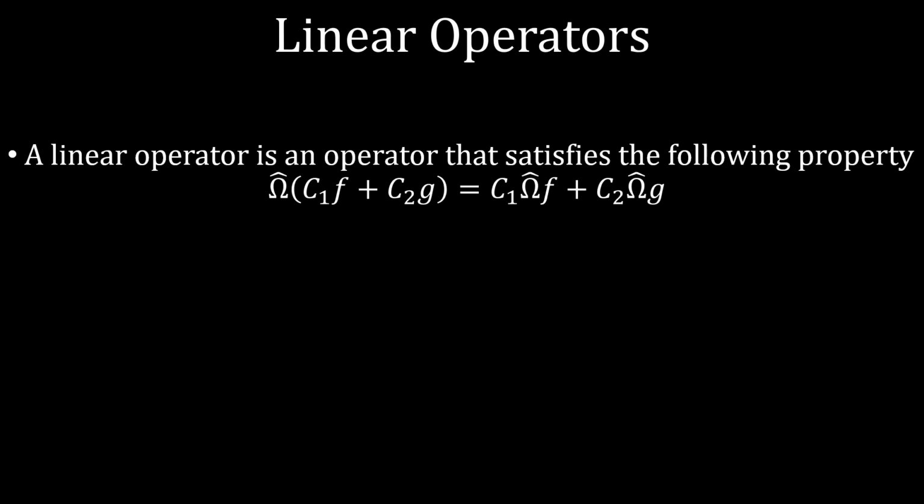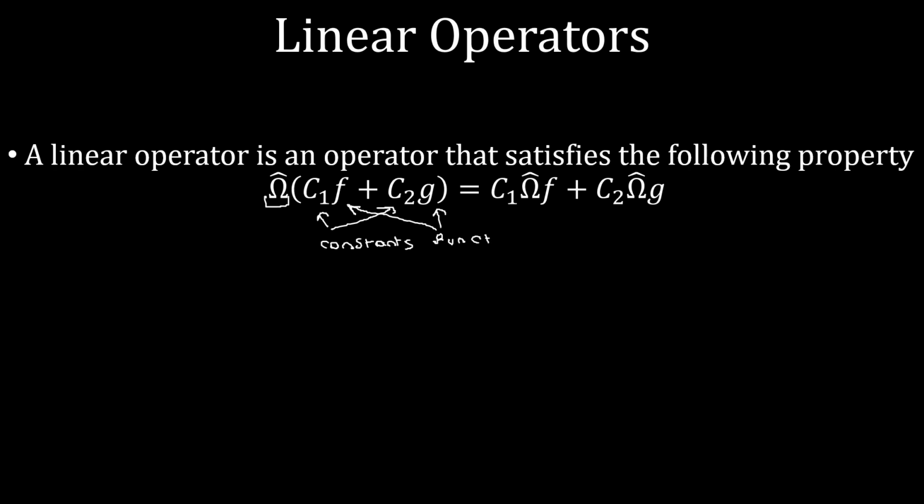Now we need to move on to what type of operator we have. The first step to that is linear operators. A linear operator is an operator that satisfies the following property. When we apply a mathematical instruction, or this operator omega, to this sum, C1 and C2 are going to be constants, and then F and G are going to be arbitrary functions.